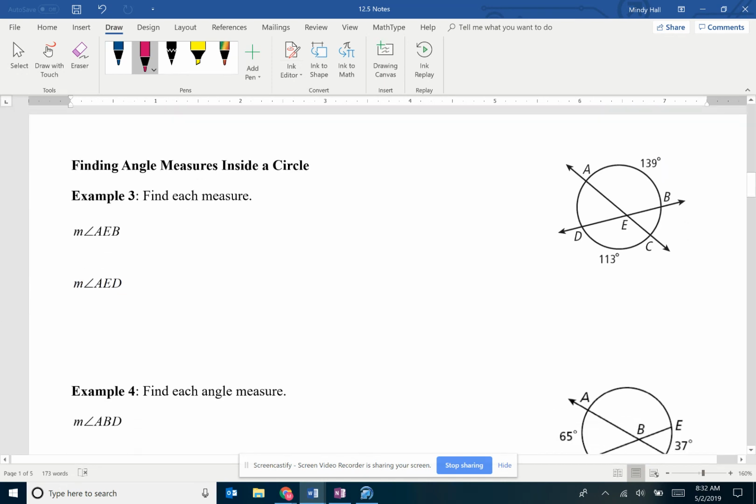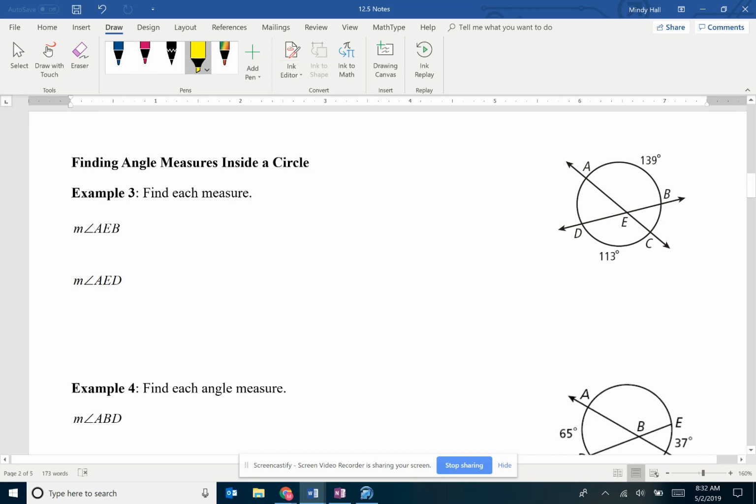So actually solving this, if I want to find the measure of angle AEB, we'd have A to E to B. So this is going to use that previous theorem. So my intercepted arcs are going to be this 139 and this 113. And again, if you notice with that vertical angle, we are making this arc DC and we're looking at arc AB.